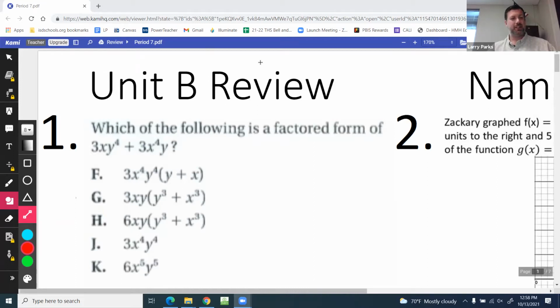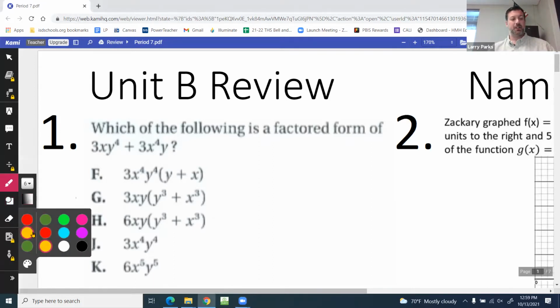Good afternoon. Today we are going to work through as much as possible of the Unit B review, and it has a lot of stuff on it. The first thing is recognizing how to do greatest common factor. So recall, if you look at these numbers, 3 and 3, the largest number that could go into 3 and 3 is 3.